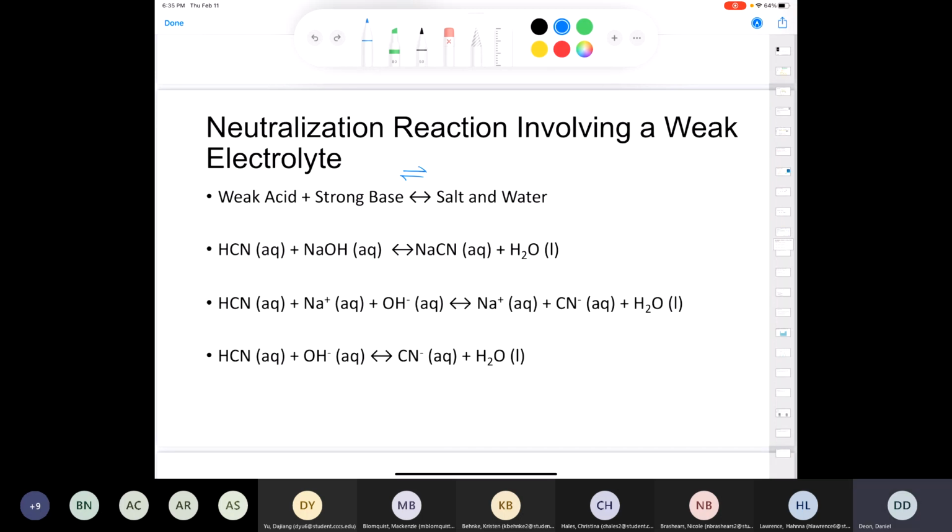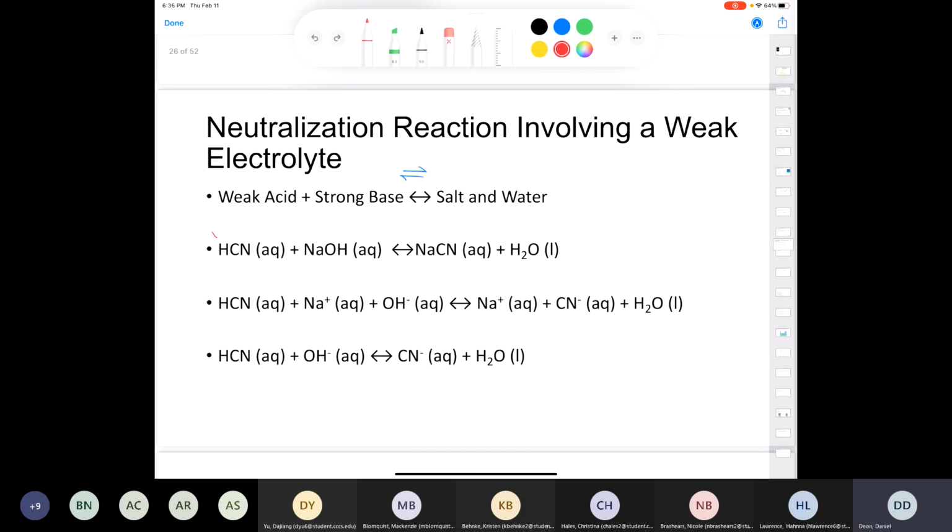Anyhow, when you combine hydrocyanic acid with sodium hydroxide, we end up with something that's a little different than when we combine sodium hydroxide and hydrochloric acid. Let's take a look. The strong base is going to dissociate completely into its ions because it's aqueous.